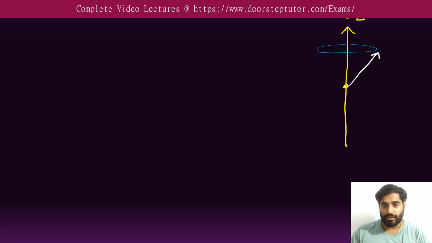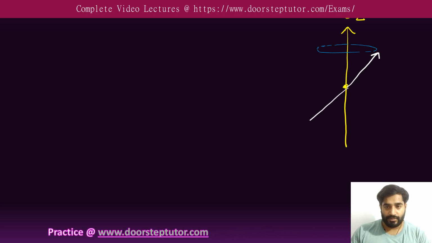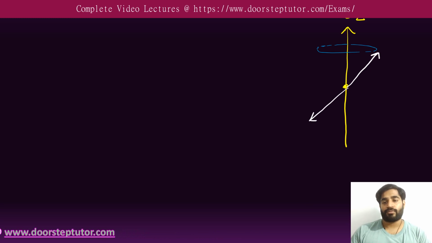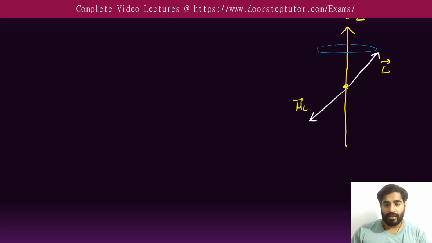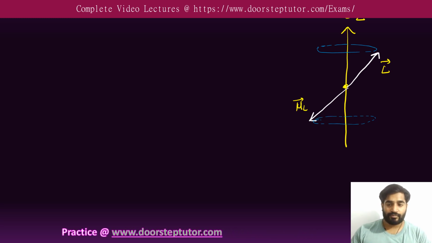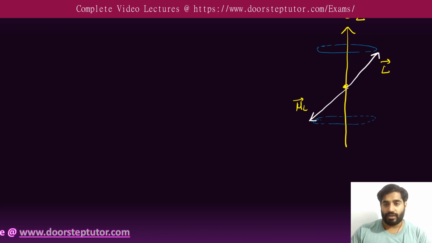It is opposite to L because of the negative sign we have seen. This is your L vector, and this is your mu L vector, the magnetic moment, and it is also precessing about the magnetic field. Both are precessing in this way. This is the resultant.